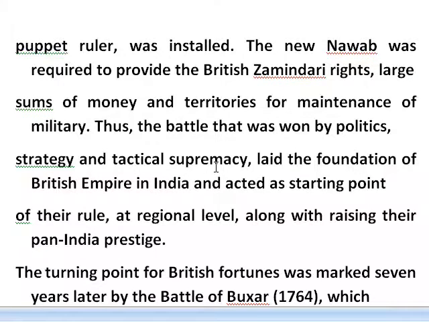Thus, the battle that was won by politics, strategy, and tactical supremacy laid the foundation of British Empire in India and acted as starting point of their rule at regional level along with raising their pan-India prestige.